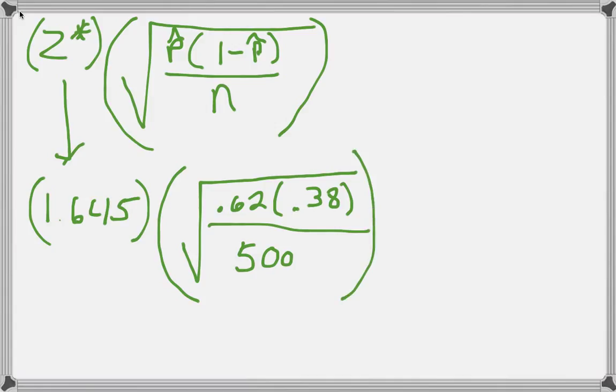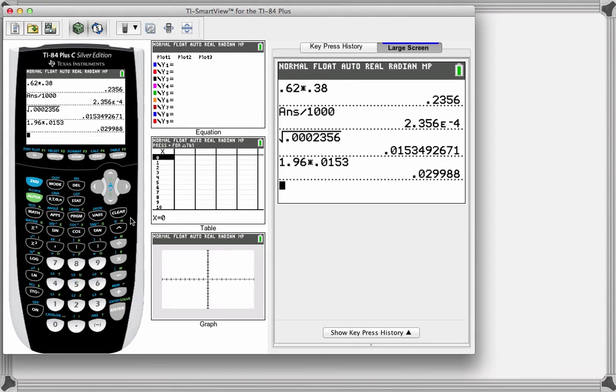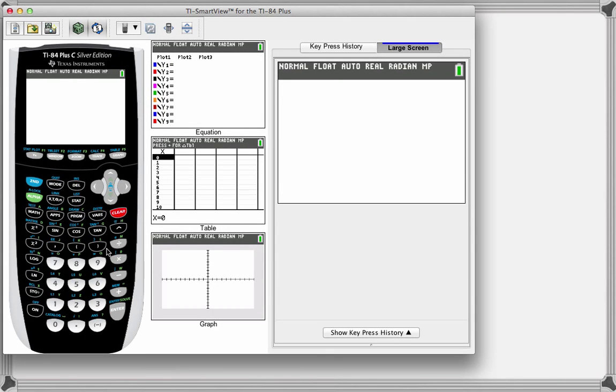Okay, let's go ahead and work out this standard error first. So we'll pull up the calculator, go through the motions again. I'll clear this off so you can see it pretty well. Again, we have 0.62 times 0.38. Okay, there's my 0.2356.